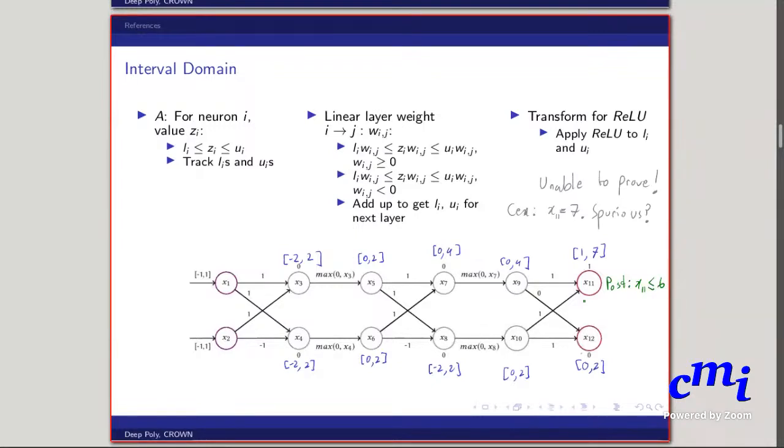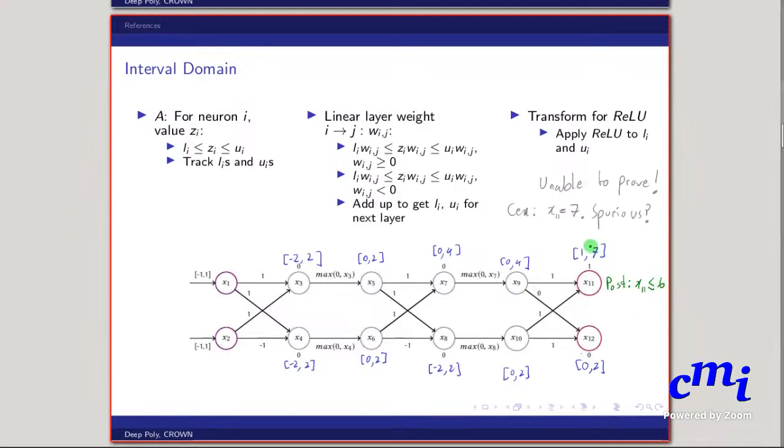Now, with this interval, you can't actually prove this post condition. The post condition says that the upper bound of x11 should be 6, and you can't prove it with this interval 1 to 7, because the upper bound predicted by the interval domain is more than 6.